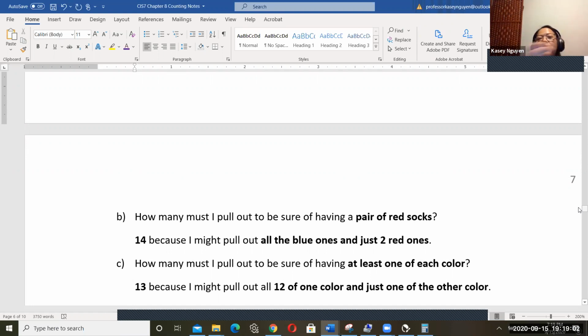You pull them and you would get 12 blue ones, and then you have to take at least 2 more to get red socks. So if we eliminate all the blue from the drawer by taking all of them out, then we would have 2 more to get the red, because there are only 12 blue socks and 12 red socks.